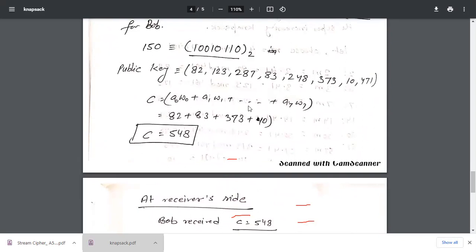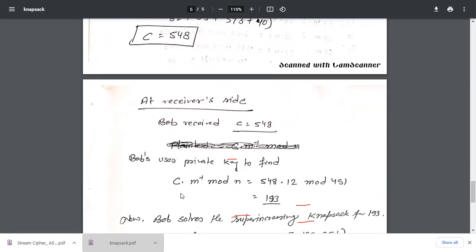For decryption, he will do C into M inverse mod N. We have already completed M inverse, that is 12, and C is 548. So 548 into 12 mod 491. After solving this, we will get the value 193. So Bob solves and gets 193.